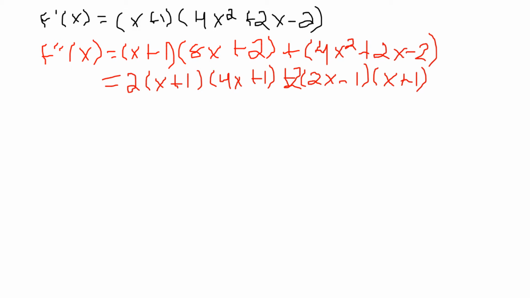We're going to continue. We can factor out a 2 from the second equation in this first part, so we get 2 times x plus 1 times 4x plus 1 plus factor this to get 2x minus 1 and x plus 1.